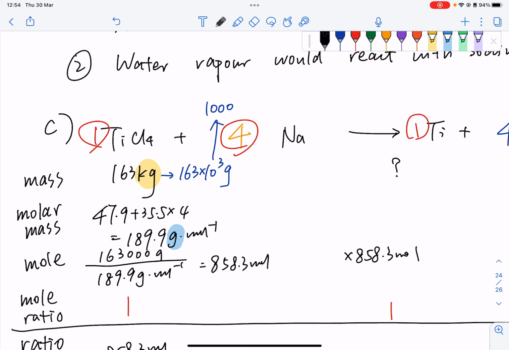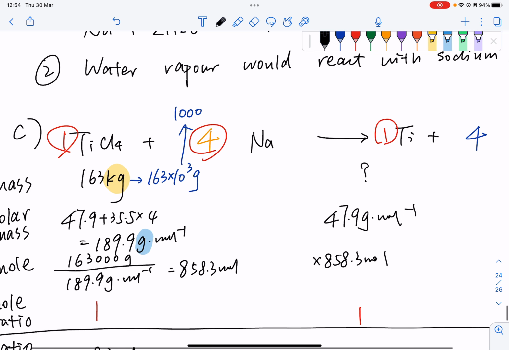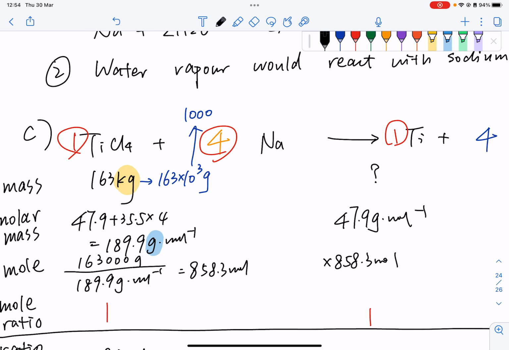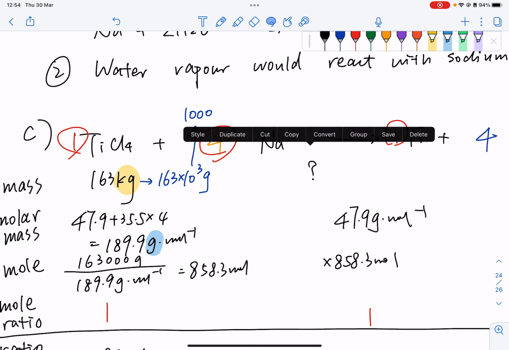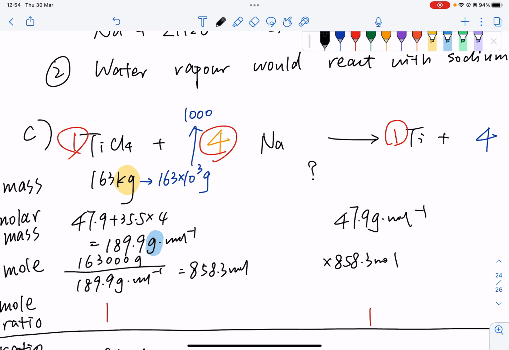And then let's take a look at the molar mass for titanium. From the question, it should be 47.9 grams per mole, right? If we have this, can we calculate the mass for titanium? Remember, mass equals mole times molar mass, right? So now here we use 47.9 times 858.3.